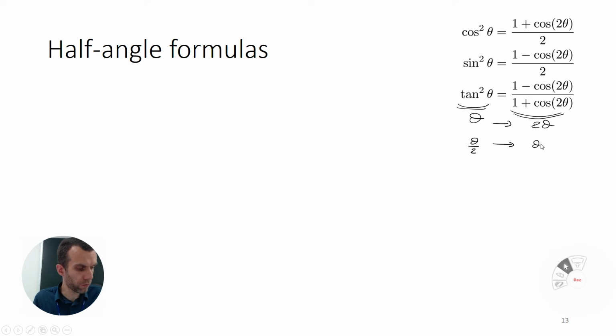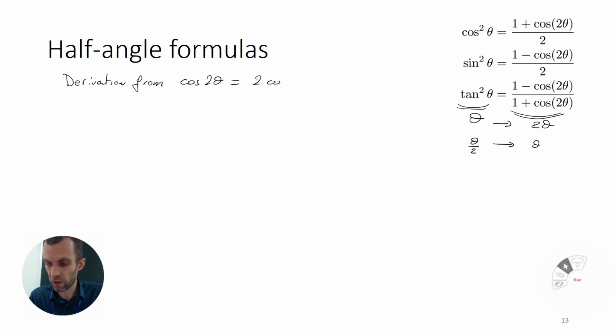The derivation of these formulas is not so complicated. So the derivation actually starts with one of the double angle formulas. So we take the formula for cosine 2 theta, and there were 2 alternative expressions.